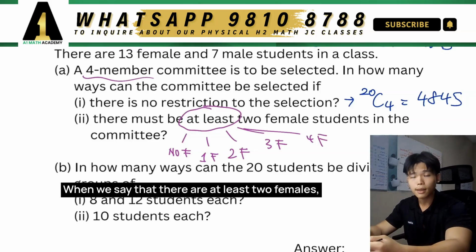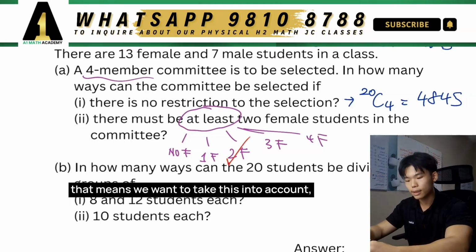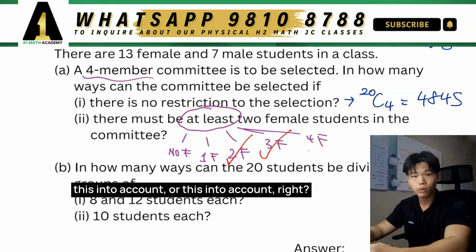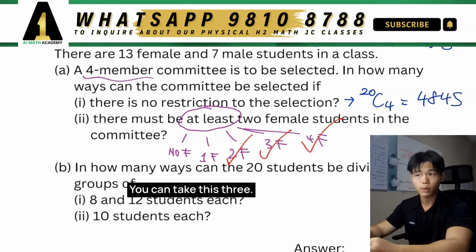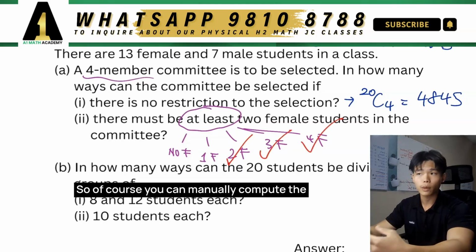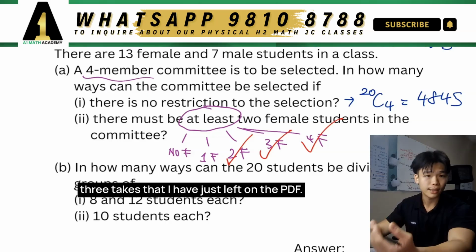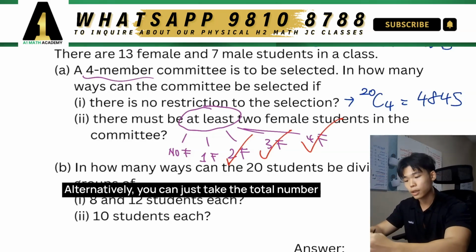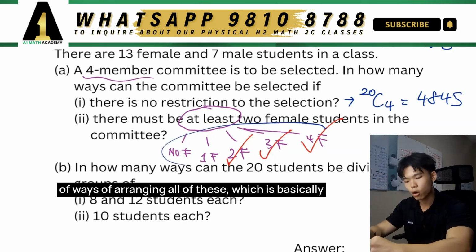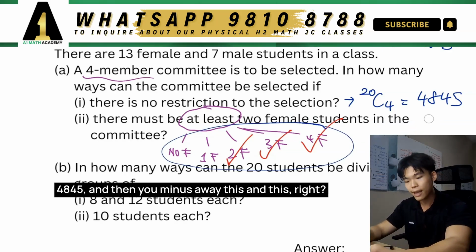When we say that there are at least 2 females, that means we want to take this into account, this, or this. You can take these 3. Of course you can manually compute the 3 ticks that I've just left on the PDF. Alternatively, you can take the total number of ways, which is 4845, and then minus away this and this.